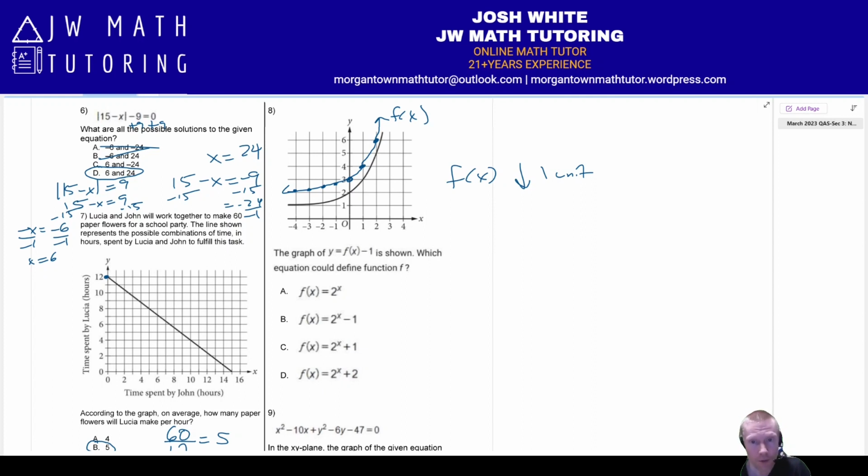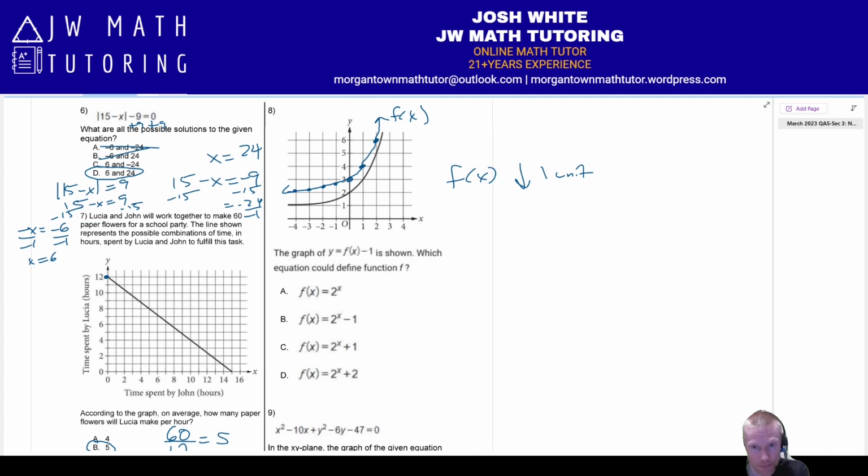Okay, and now they want to know which of the functions could define f. So my recommendation for problems like these, where you're given some graph and they give you the equations, in other words, they want to know what the equation of the function is, is to find points that you know are on the graph, on the function, and then plug those into the answer choices.